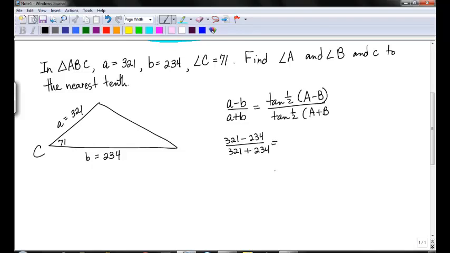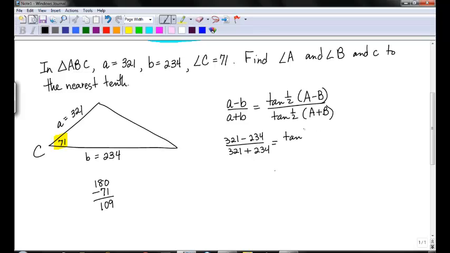Now, you don't know angle A or angle B, but you can sub in for one of these. If I know this is 71, what do I know about these two? They add up. So 180 minus 71 gives 109. I don't know what either one of them is individually, but I know their sum.